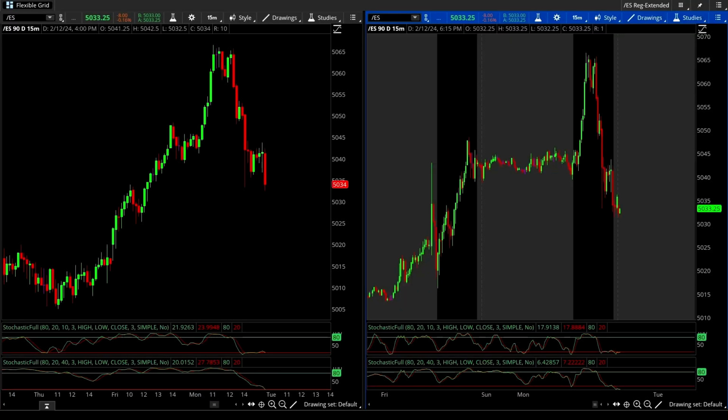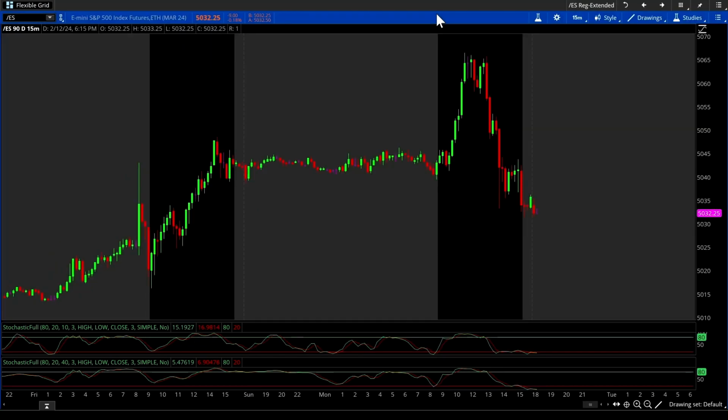All right, so we got setup number 3 right here. Again, this is the regular hour chart, and this is the 24-hour chart. And we're going to need to look at the 24-hour chart for setup number 3 and the most important one. As you will see, you can call tops.